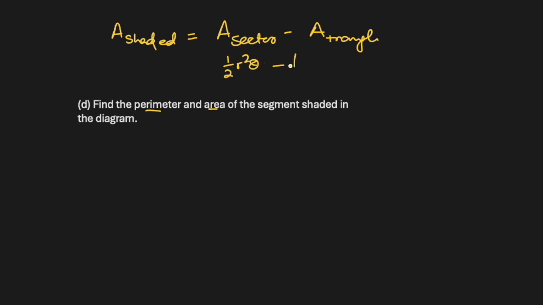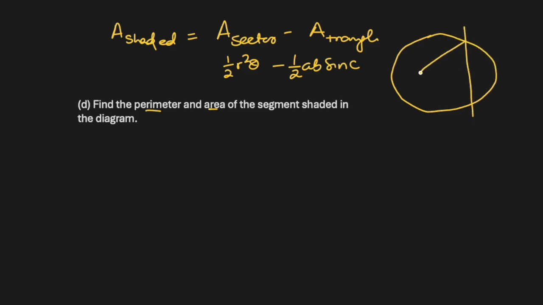The area of the triangle is half AB sine C. So if I draw that again, this is theta. The area of the sector will be half r square, where square root 20 is the radius, and theta we just got, 0.9272.